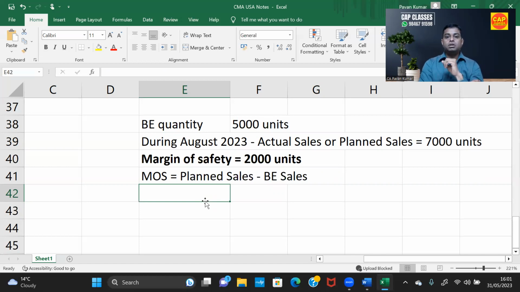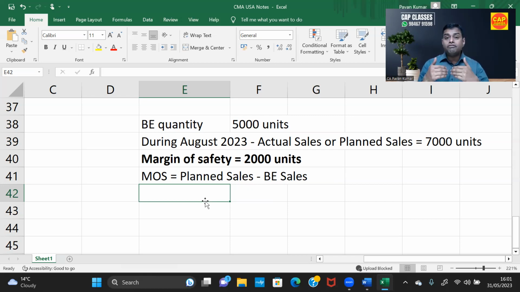What if your accountant came running and said, our sales volume decreased by 1,000 units? Little concern. Decreased by 1,900 units. Concern. Decreased by 2,000 units. Oh my God. My profit completely wiped out.